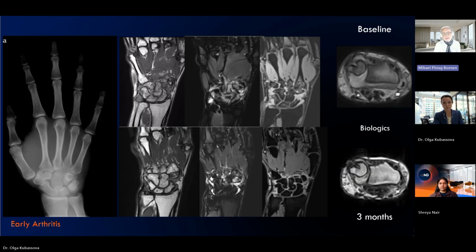And then on the right-hand side, this is a T1 after contrast where you have suppressed the fat, and whatever becomes bright or hyperintense, it's because it takes up contrast. You see that the contrast is taken up in the bones as well as in the surrounding synovium. And that helps you to really see the synovium.